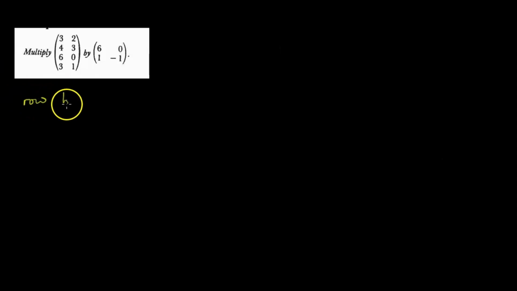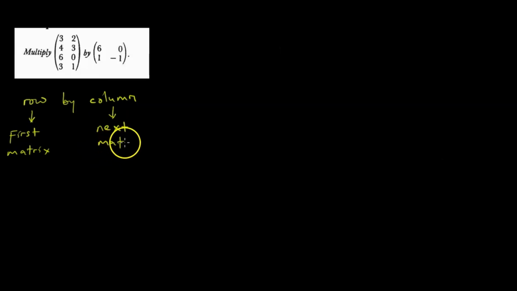It's row by column. Saka tichatora a row from our first matrix, multiply it by a column from our next matrix. This is how we are going to do it.